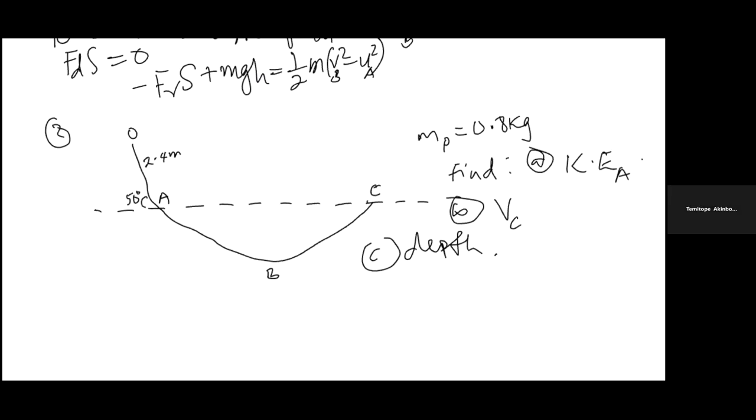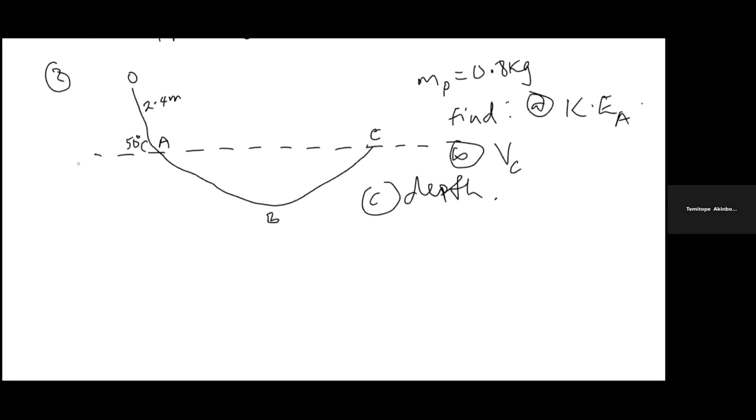Kinetic energy at A equals potential energy at O. Do you get that concept? Yes, sir. So meaning that I can use this. Now, what is H? That's the bone of contention now.